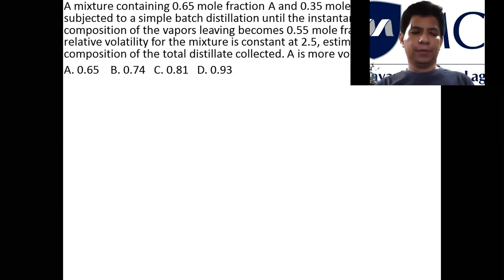Basically, ang complication nitong problem na to, yung given na instantaneous concentration ng vapor, hindi yun equal sa XD. No, hindi siya equal sa XD. So, you really have to use the alpha AB equation na y sub A over XA, y sub B over XB, para ma-solve yung XW.